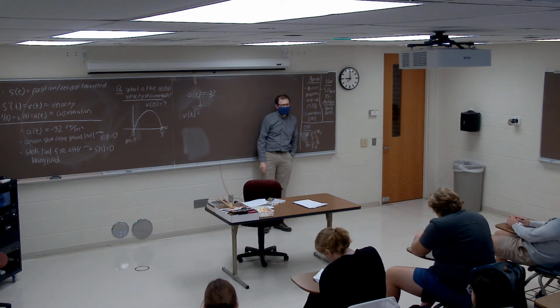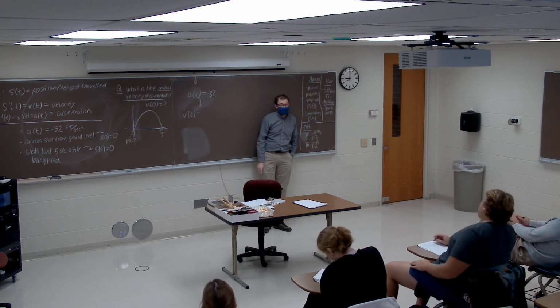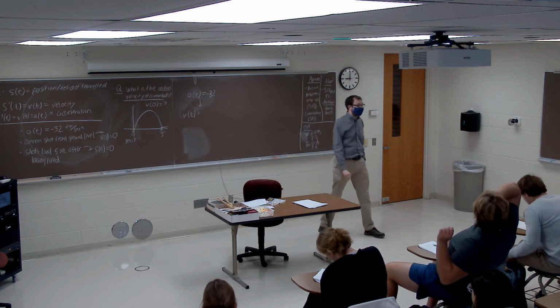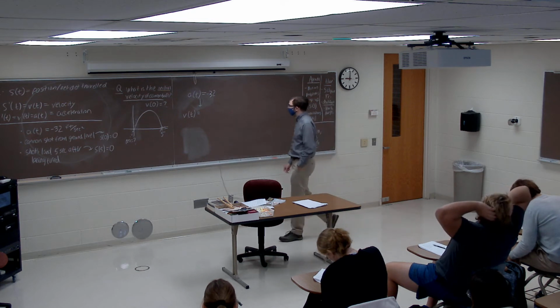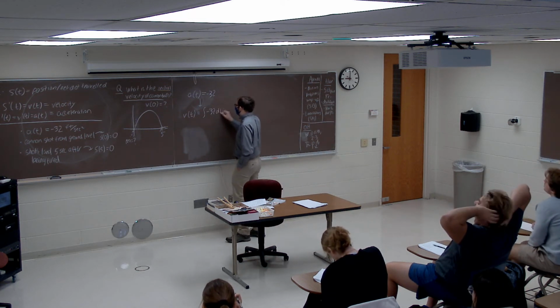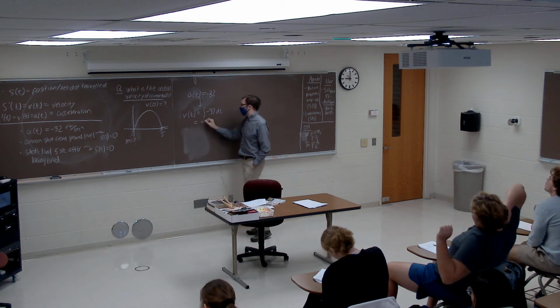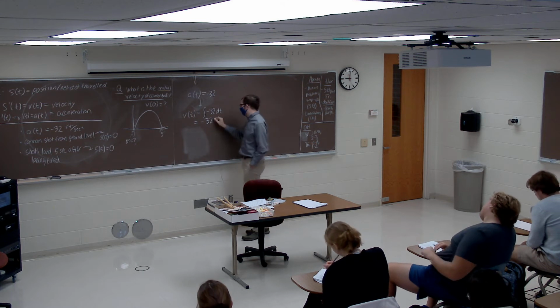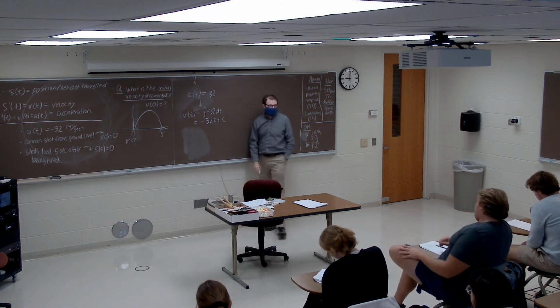What do we have to do to go from acceleration to velocity? Ellen? You'd have to integrate, so it'd be negative 32t plus c. We're integrating this negative 32, and so we'll get negative 32t plus some constant c.